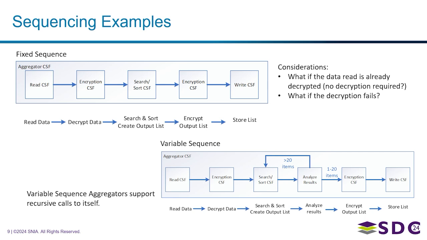Let's refine the search. Let's get a smaller list. So send it back into search again and potentially keep repeating that until we have reduced down to something a little bit more manageable in size, and then encrypt it and write it back out. This is definitely a variable sequence because it may go through it one time, it may go through it 10 times. We don't know based upon the data that we're reading.